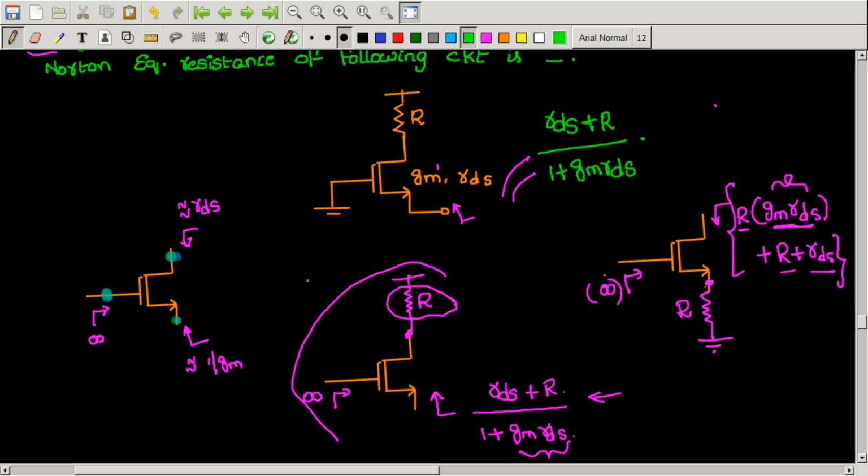You can solve this using the small signal model and doing all such stuff. But if you remember these three cases, most importantly these two cases, it will be very easy to solve many more complicated MOSFET circuits. So I am suggesting you learn these two formulae by heart. Okay, that's it guys. Thank you very much.